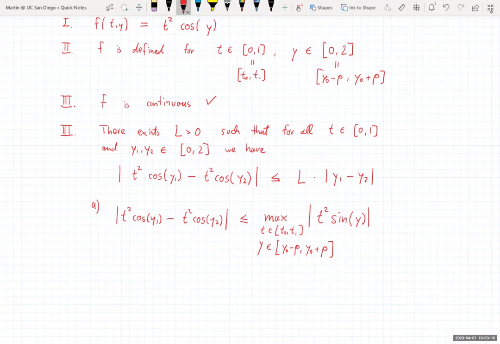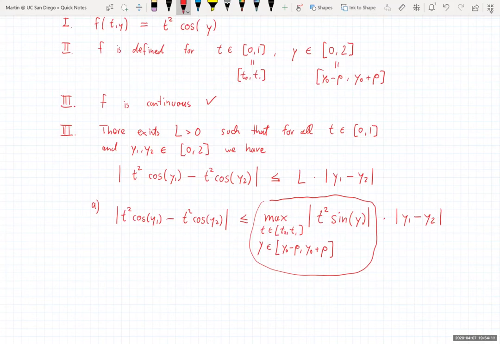Actually, there's a minus, but since we take absolute value, it doesn't matter here. That is multiplied by y1 minus y2. So is this expression here actually bounded? Well, it is, because t squared, with t taken from 0 to 1, is certainly bounded from above by 1. And the sine of y is certainly bounded from above by 1 again.